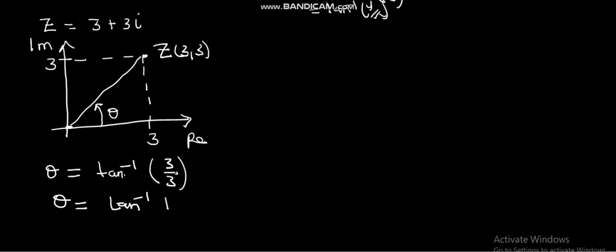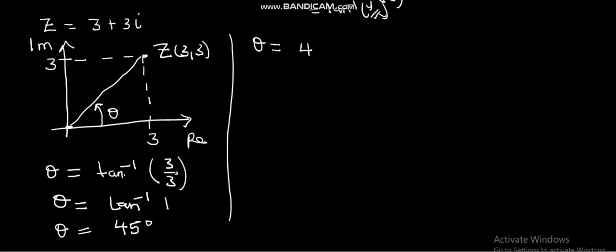So what is the tan inverse of 1? Place your calculators. The argument theta is equal to 45 degrees. But remember the argument is required in terms of pi. Therefore theta is going to be 45 pi out of 180.